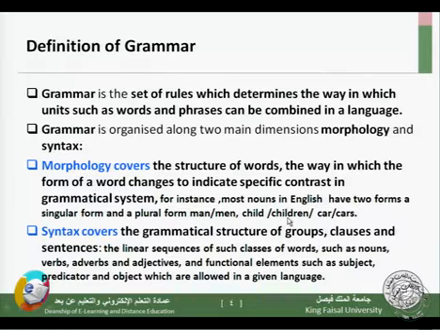So the role of morphology in the grammatical system can be seen through these examples. I know this is a word, but when you add the S, a little morpheme S, it becomes a plural.